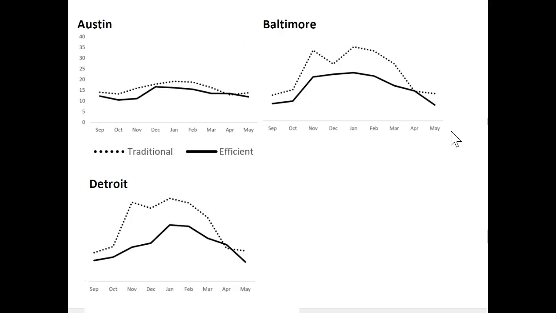So if I break it up into different graphs, maybe one for each location, I'm noting that in Baltimore, there's a big difference. In Detroit, very big difference between traditional and efficient, but in Austin, not much difference. And of course, I can make total sense of this, why Austin would be different from Detroit and Baltimore in terms of energy efficient buildings.